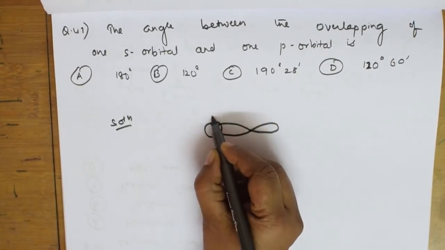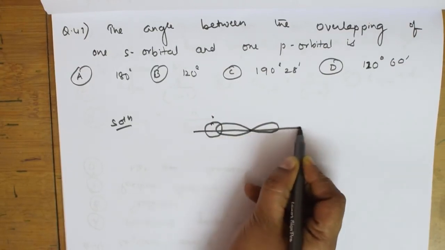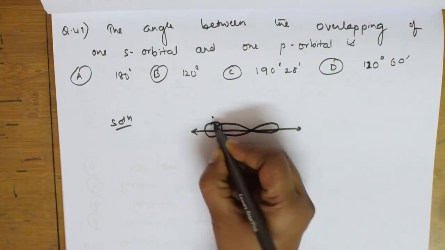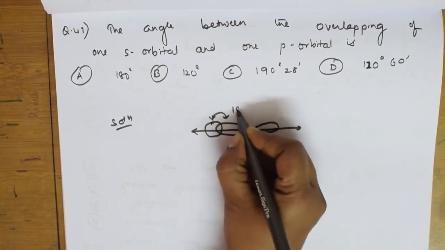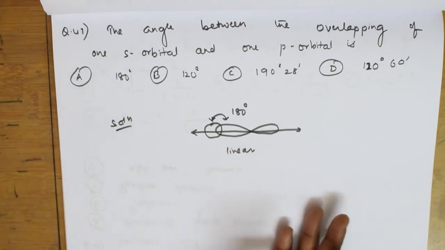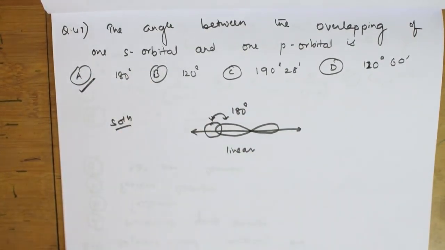What is this axis? This is along the axis. Linear, isn't it? So the shape is linear, and the angle here is 180 degrees. So the type of overlap between 1s and 1p is nothing but 180 degree. The correct option is this.